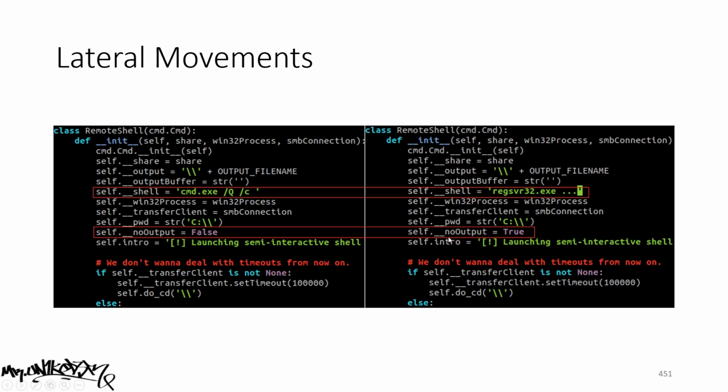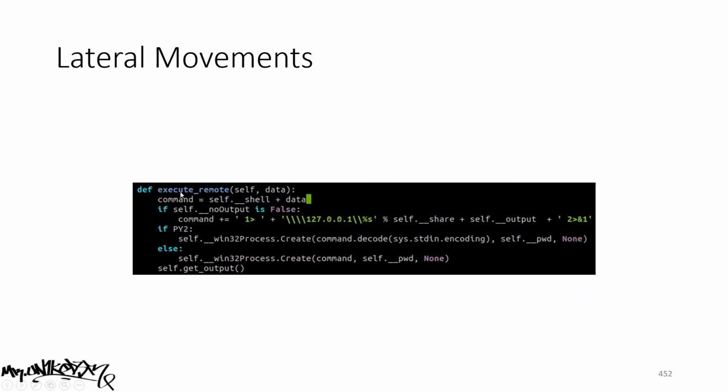You also notice here that you have a no-output option, which is set to false by default. Fun fact though, you can also change the state of this with a command argument. So it's always nice to list all the arguments for a specific command. You can confirm that no-output is actually doing this by looking at the execute remote.